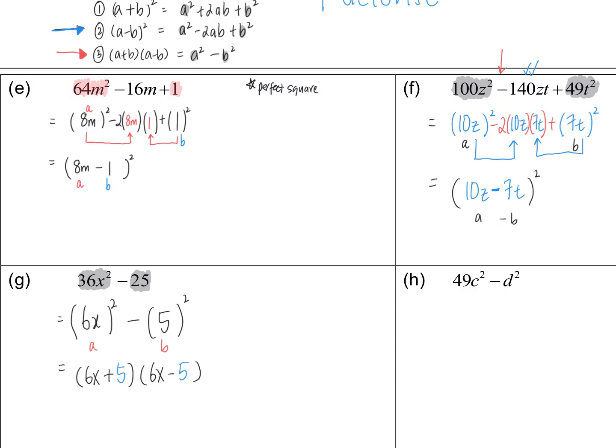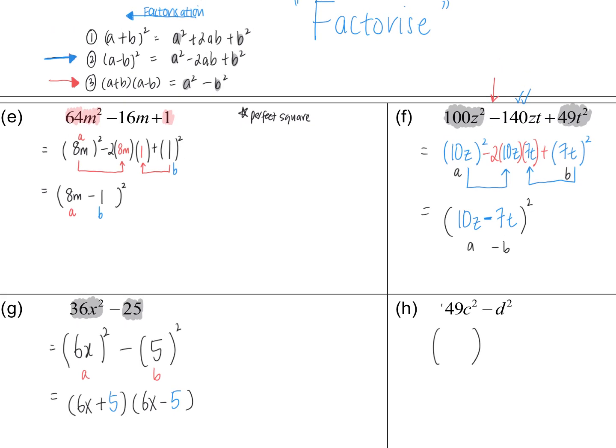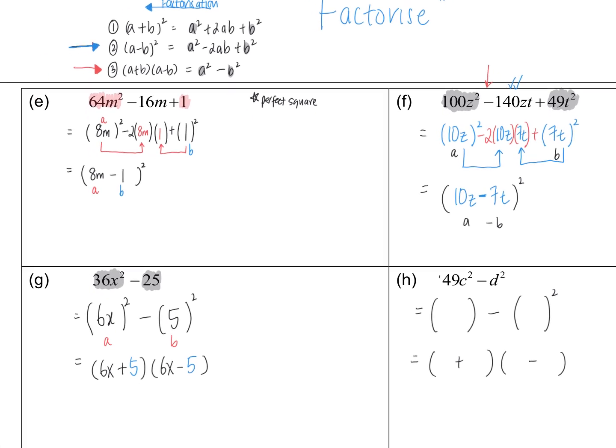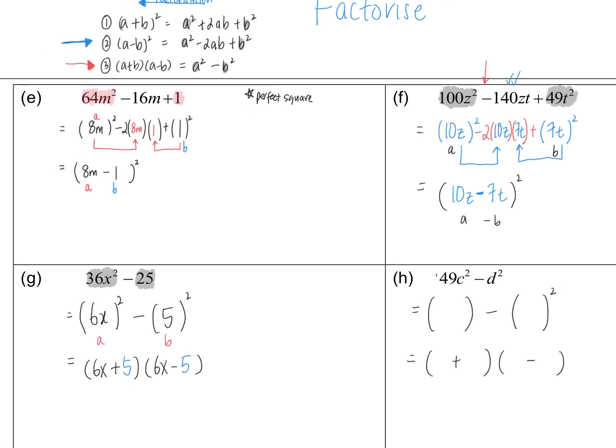Okay, can you just try on your own? This one. What will you end up with? Try to make these two perfect squares back into your A's and your B's.